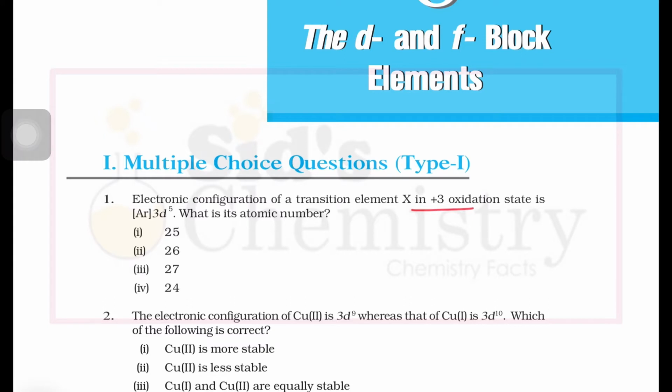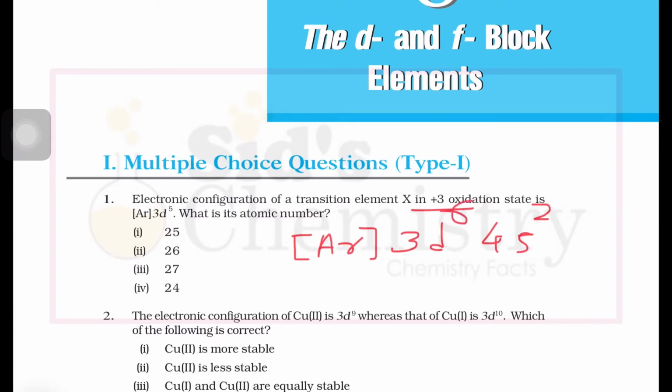Actually, the electronic configuration of the element should be like this in this case. Argon, that is 18 electrons, 3d and 4s. In the 4s orbital, 2 electrons are present, and in the 3d orbital, the rest of the electrons are filled. So it is a 6.